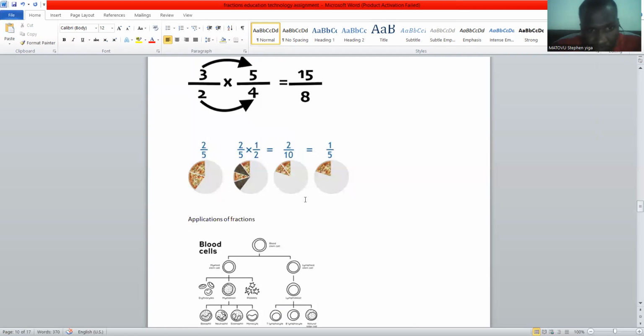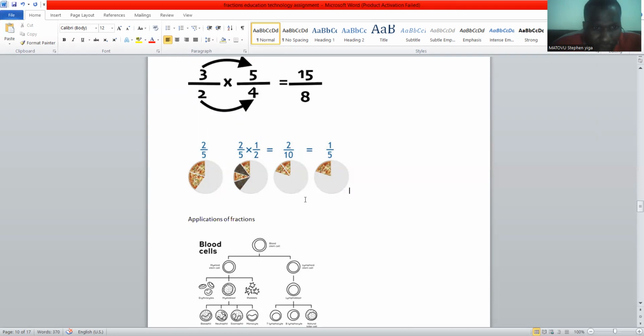Doctors use fractions in blood cells, whereby among those blood cells there is what we call a blood stem cell. The blood stem cell divides into other cells, like the lymph node stem cells and so on. Doctors know that better.